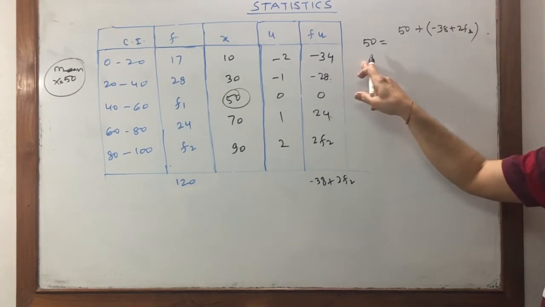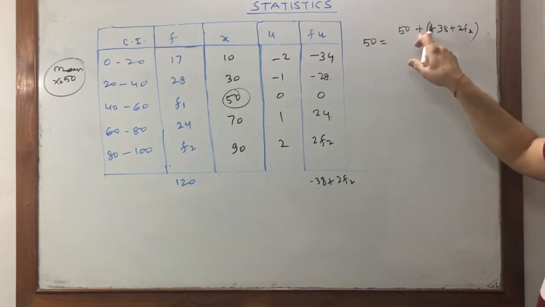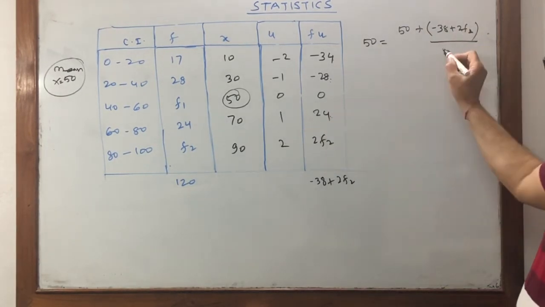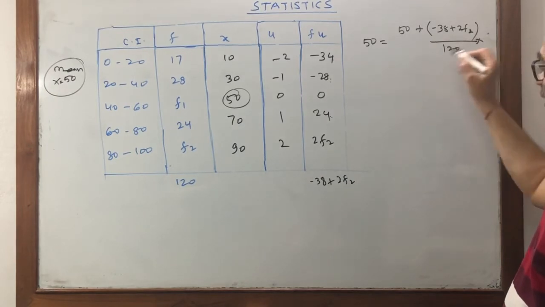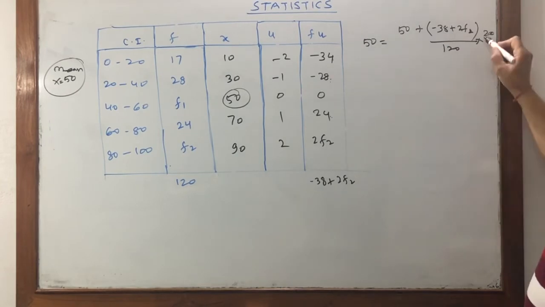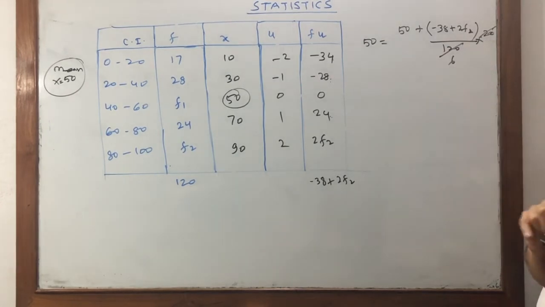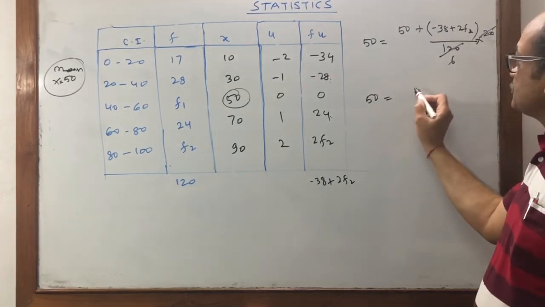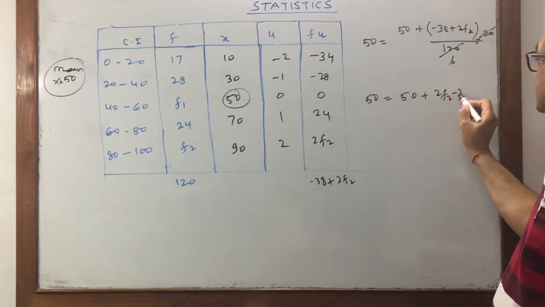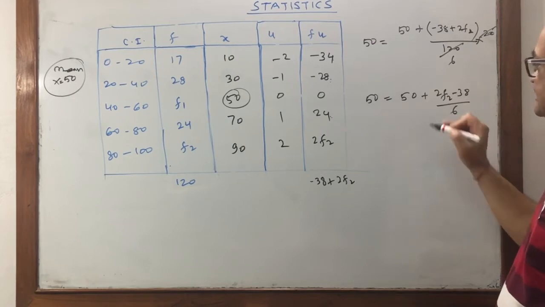Mean equals to A plus sigma FiUi upon sigma F, that is 120, and into H. H is, we have 20. So 20 cancels out. 50 equals to 50 plus 2F2 minus 38 divided by 6.